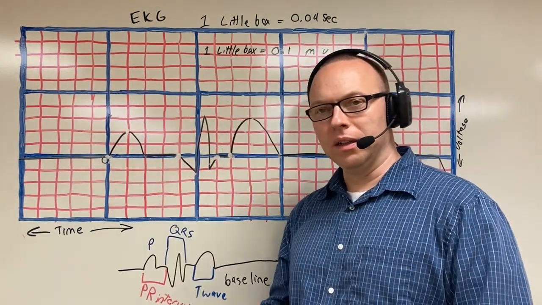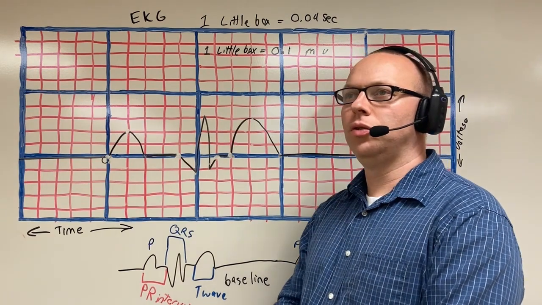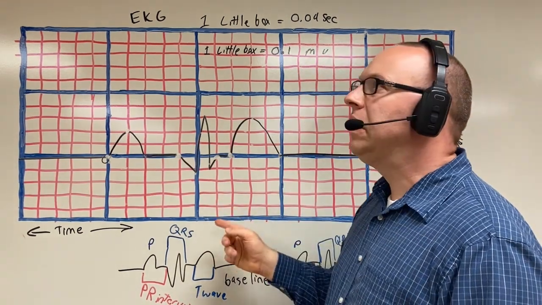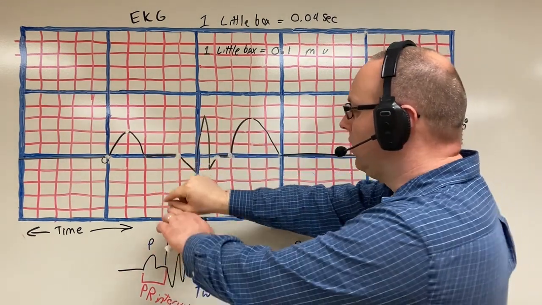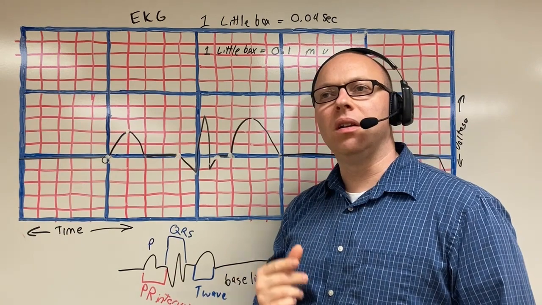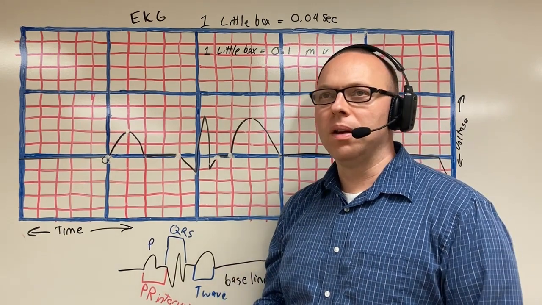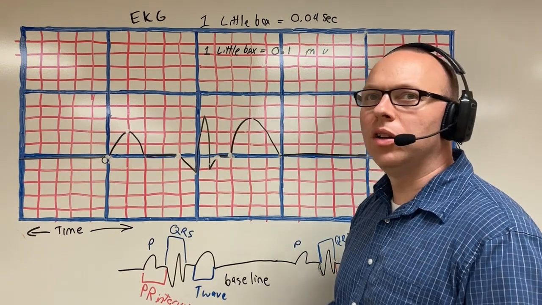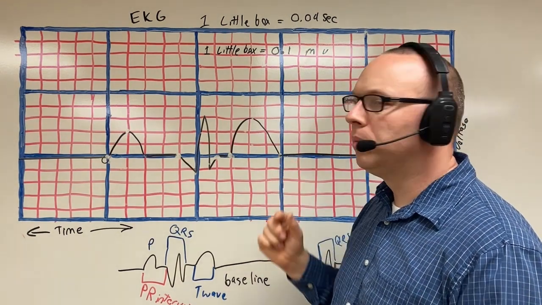To put that into perspective, your AA and AAA batteries are 1.5 volts. You would take 15,000 of these little boxes stacked on top of each other to represent the voltage in a AAA or AA battery, because this is ridiculously sensitive. So we're not dealing with large voltages, we're dealing with very, very small voltages.